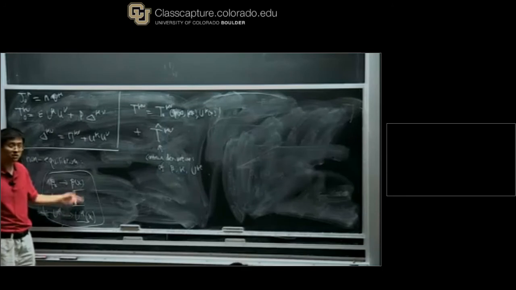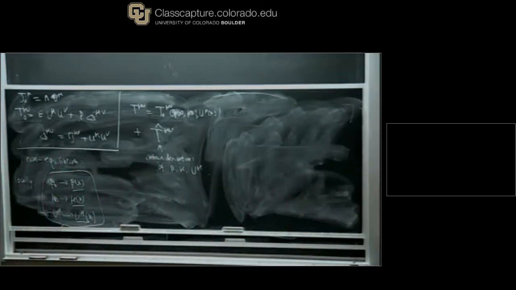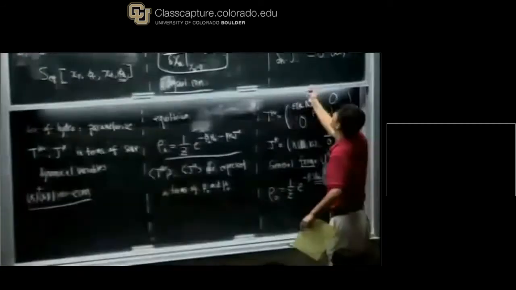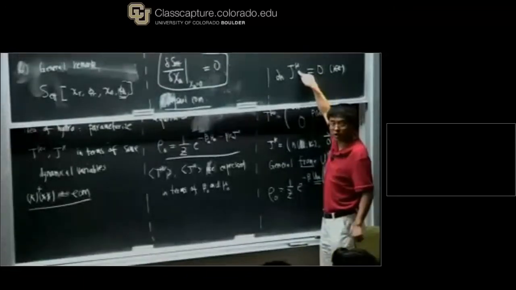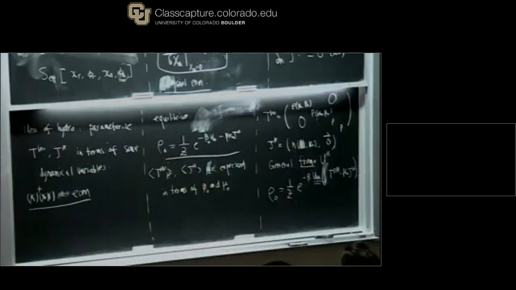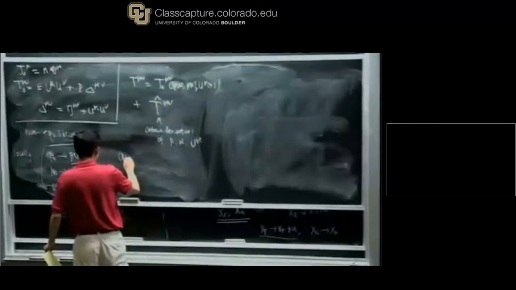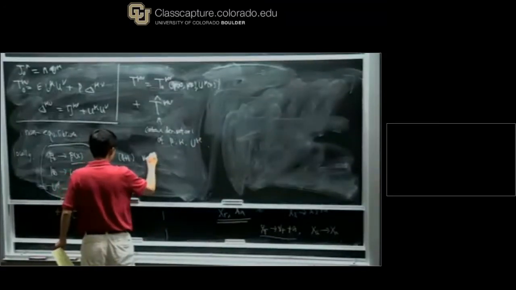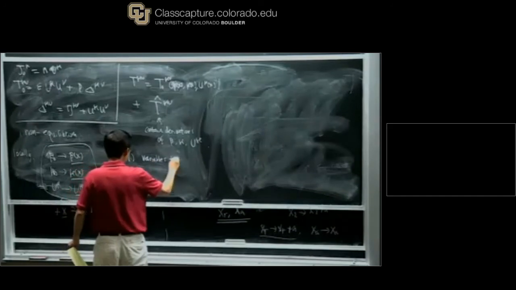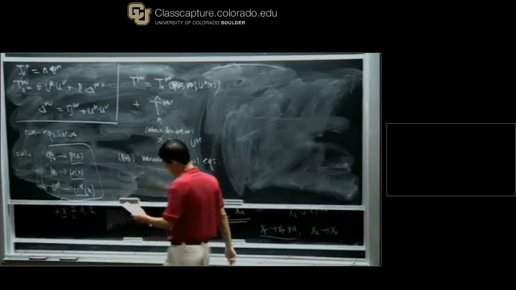Together, these are d plus 1 variables. And here we have d plus 1 equations, because there are d equations and then there's 1 more equation. So we have d plus 1 variables for d plus 1 equations. We have a closed system.